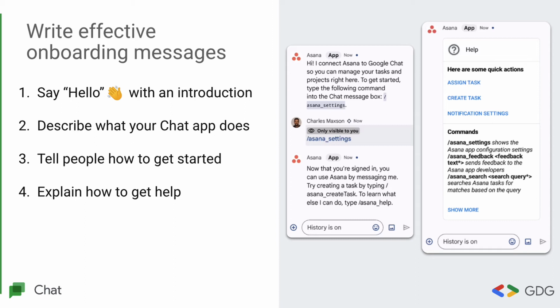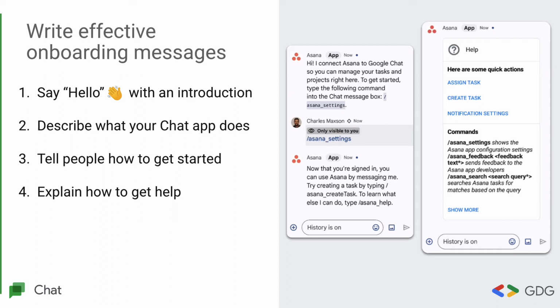And this will be common for a lot of chat apps where, as in the case of Asana, the first thing you're going to need to do is to configure the app, and they tell you the only command you need to know to get started with that. Then once you successfully connect, it still doesn't overload you with all the commands they offer. It just tells you about two commands. Its main command, that is, create a task, and then refers you to their help command for everything else.